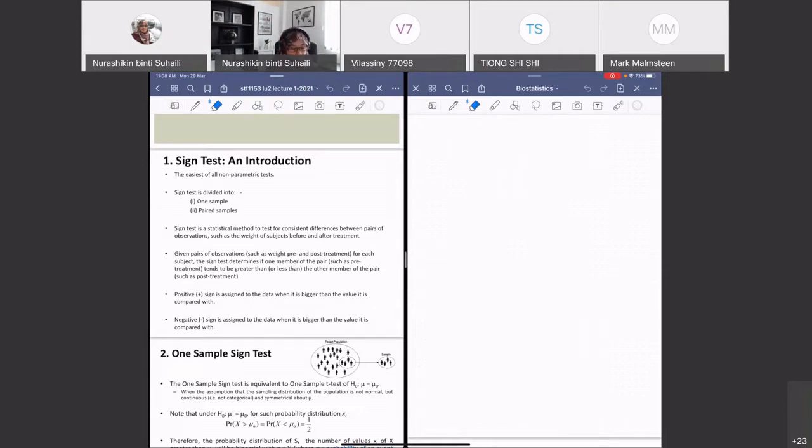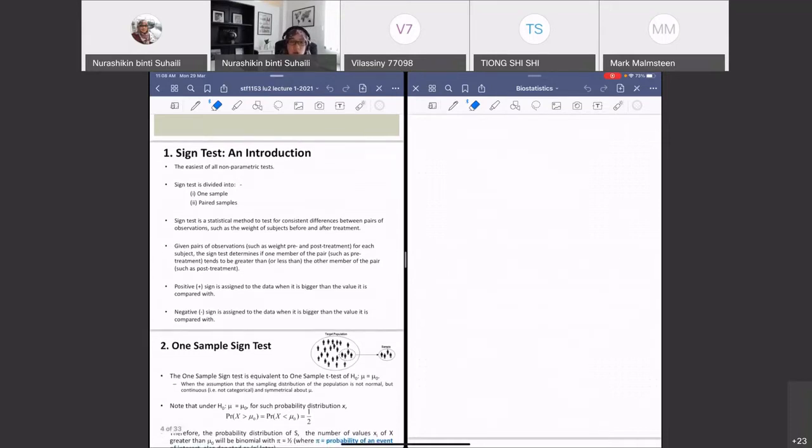Before that, let me introduce the sign test. It can be divided into two situations: whether it's one sample or paired samples. What is meant by one sample? It's only one sample.